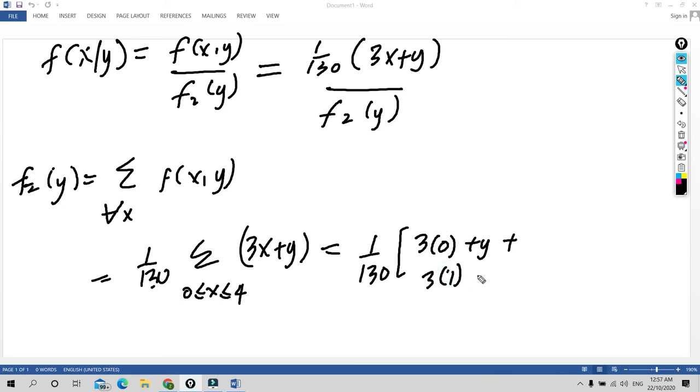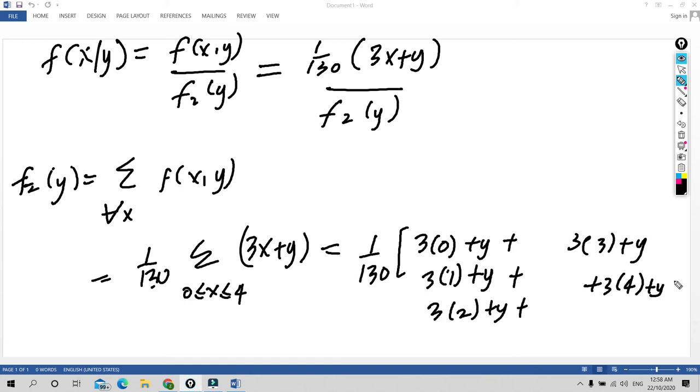So 3 plus 3 multiplied by 1 plus y, plus 3 multiplied by 2 plus y, plus 3 multiplied by 3 plus y, then plus 3 multiplied by 4 plus y. These are the marginal of y.